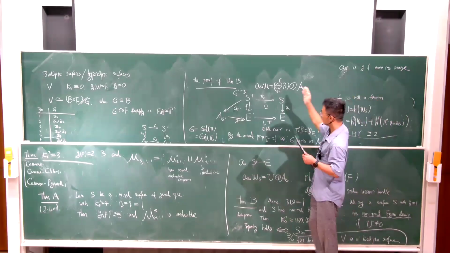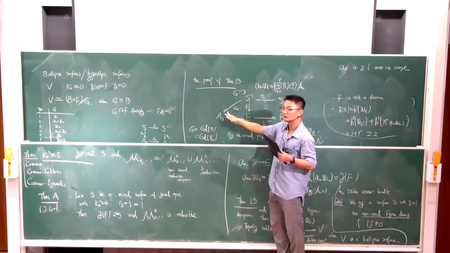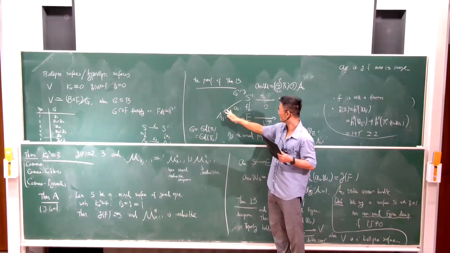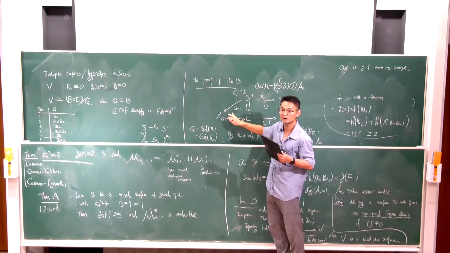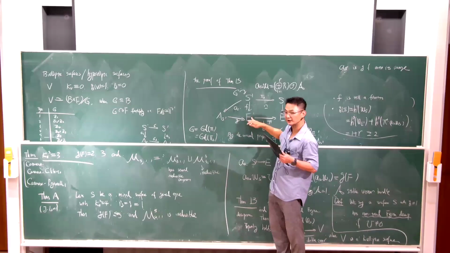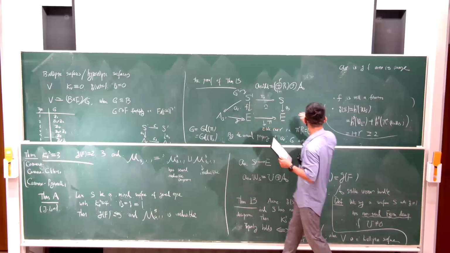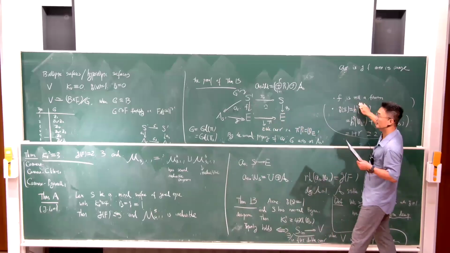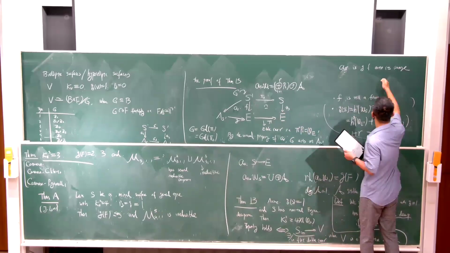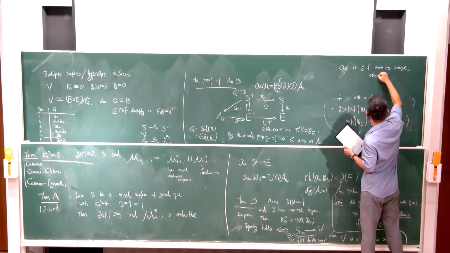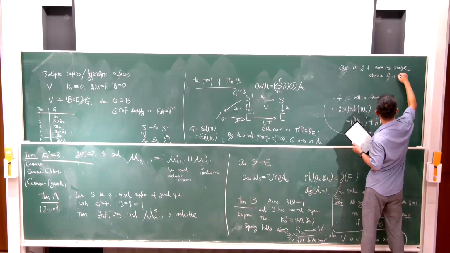The reason is that if not, it maps to a curve, and this curve generates S prime. So this curve should have genus at least 2. Then the morphism to E is no longer a fibration, which is a contradiction. So this S prime should be generically finite, otherwise F is not a fibration.